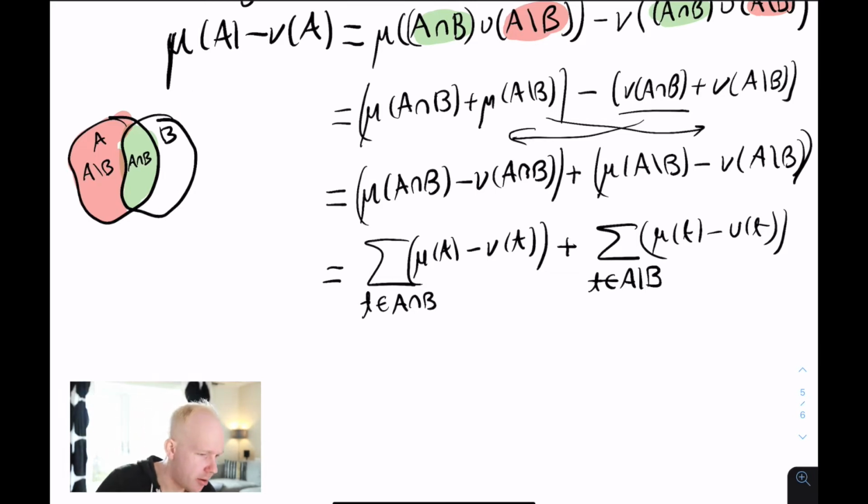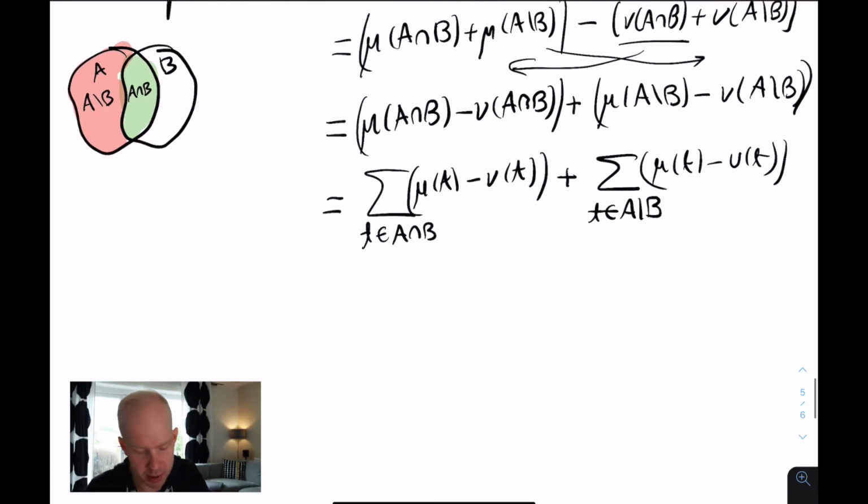What we have now obtained is that we want to throw away something from this definition.